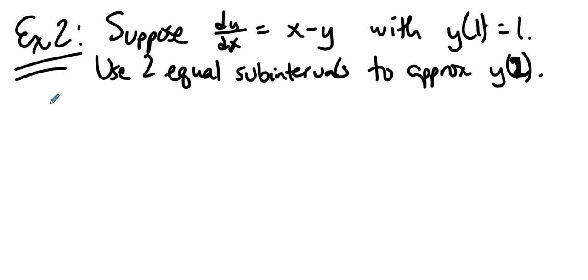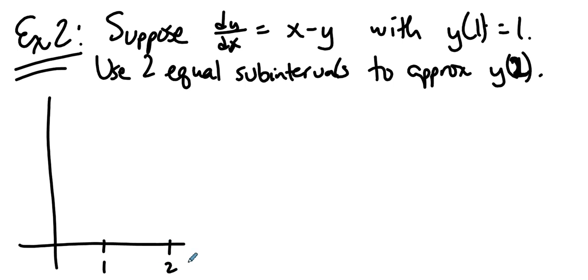So we start the function at (1, 1). We figure out what the slope is at 1. We work our way to halfway, and then we figure out what the slope is there.